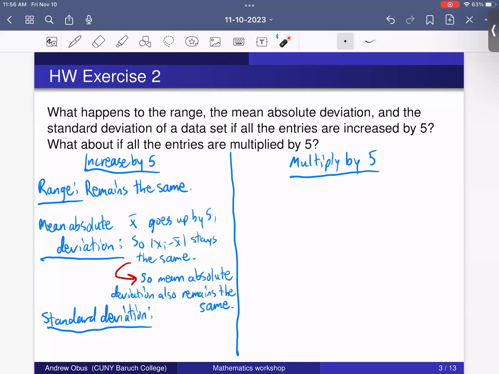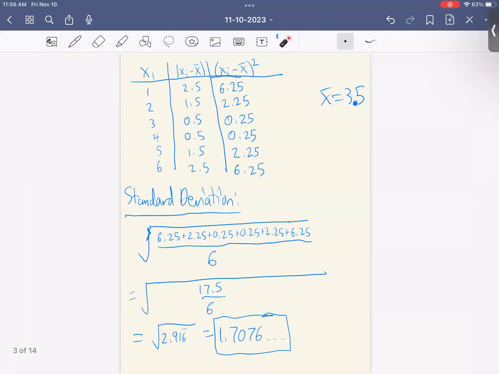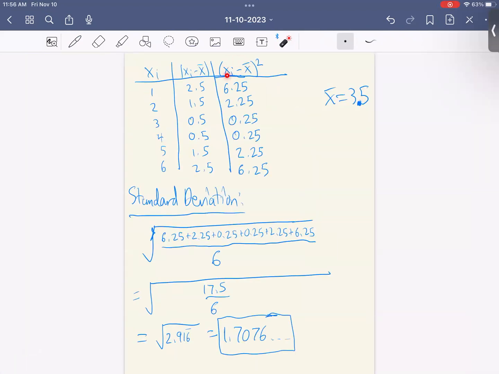Okay, so let me quickly, just because I want to make sure we get to the new stuff, for the standard deviation, this is going to also remain the same. And the reason here is that, if we look at what is the input to the standard deviation, it's all of these quantities, the square of xi minus x bar, right? Xi minus the mean.